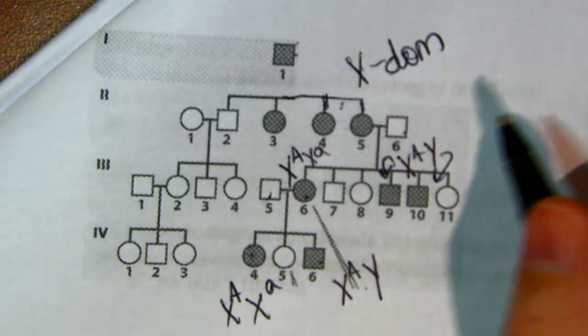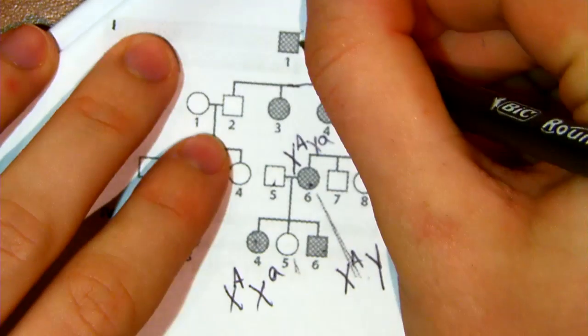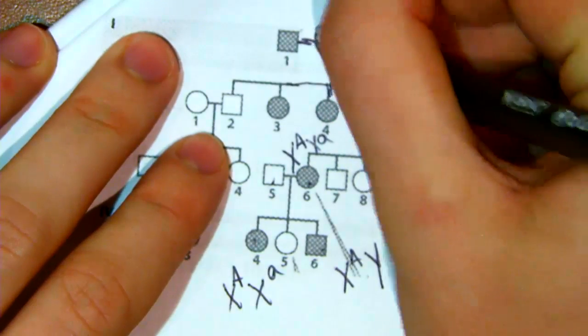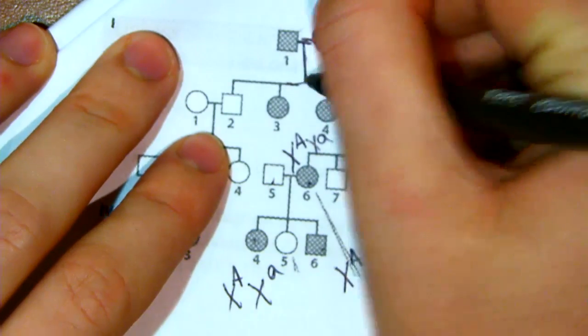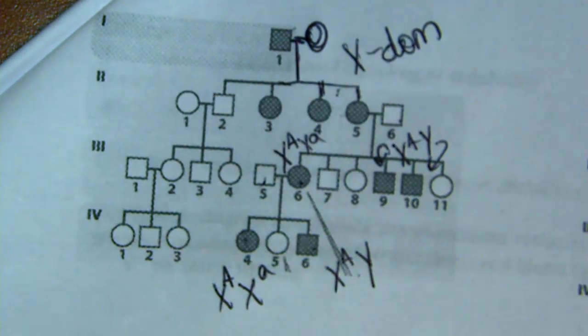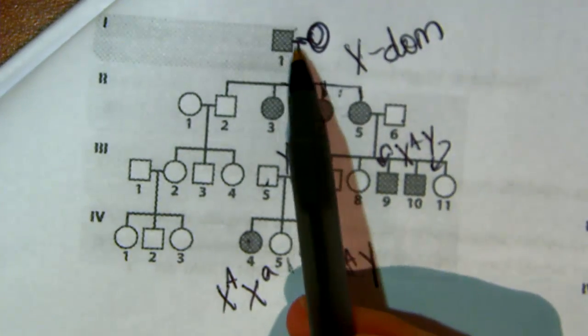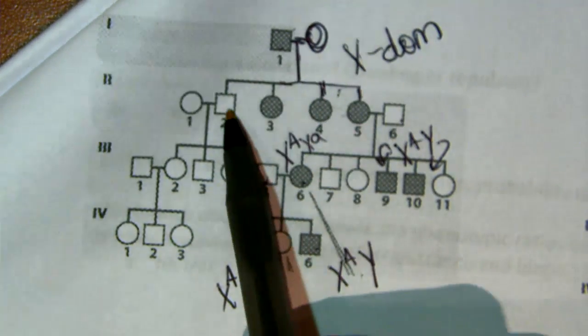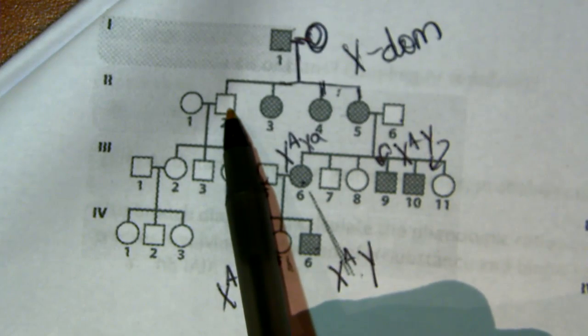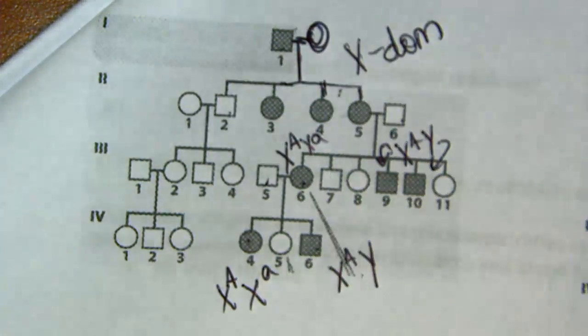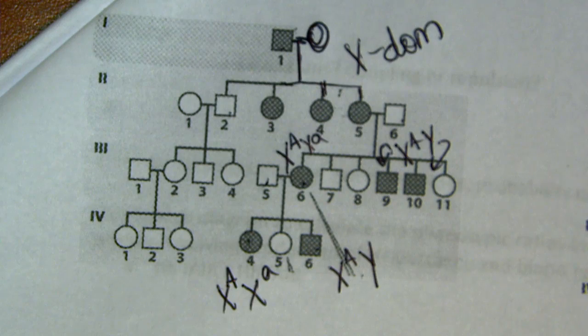We can keep going back up. Oh, I blocked off some of this. I'm assuming this is an unaffected female. Okay, so you see here, and it does make sense that this male is affected and his son is not affected because he only gives his son his Y, and this mother is not affected, which means her son should not have the trait.